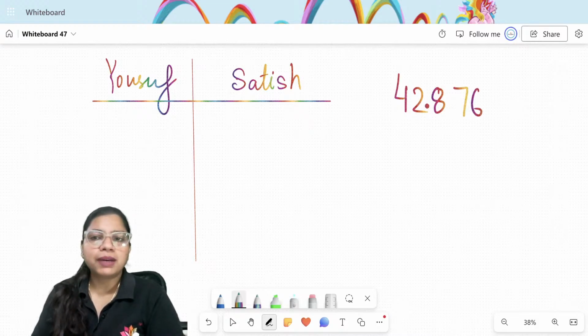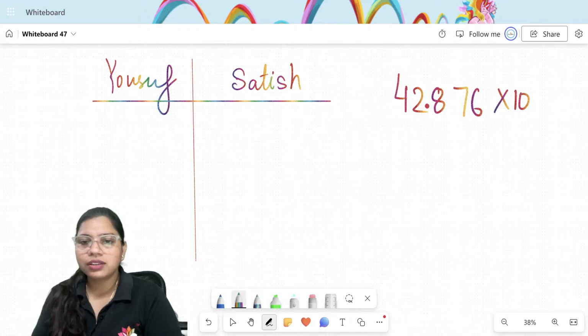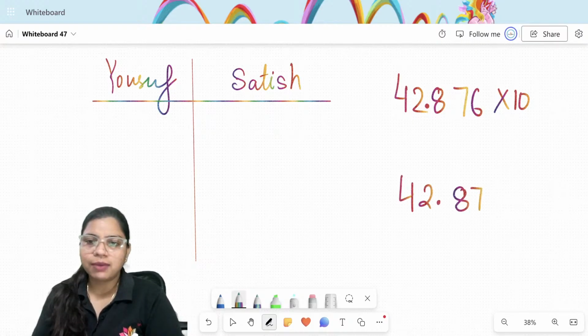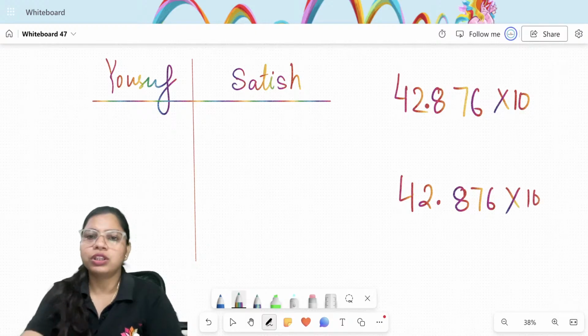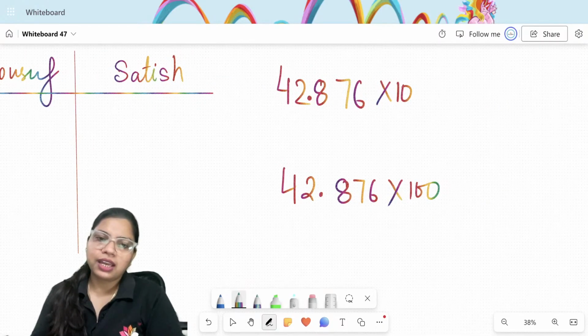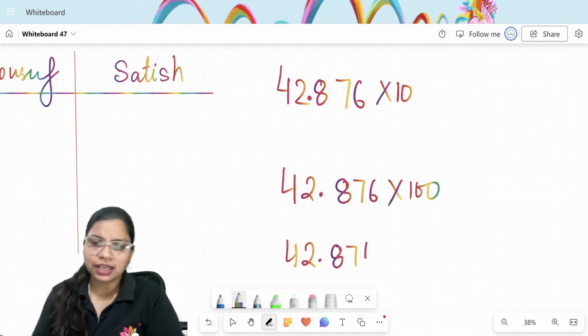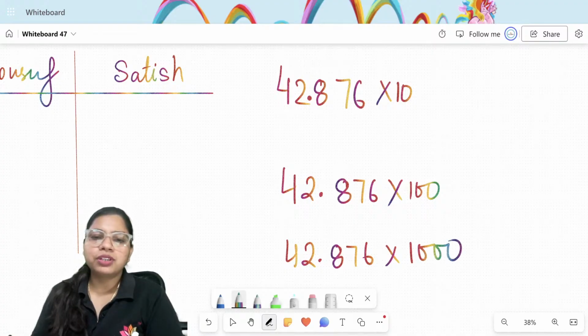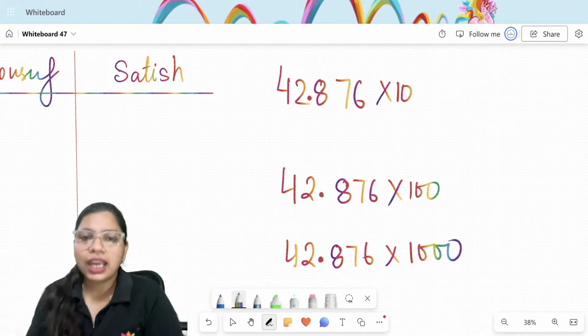If we are multiplying it by 10, what result comes? 42.876, timesing it by 100, what answer comes? And 42.876. When I'm reading this, I'm not reading the numbers after the decimal as 876.